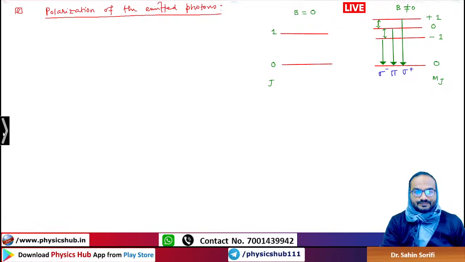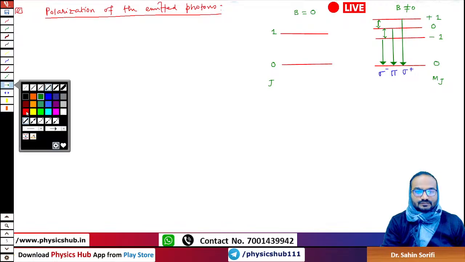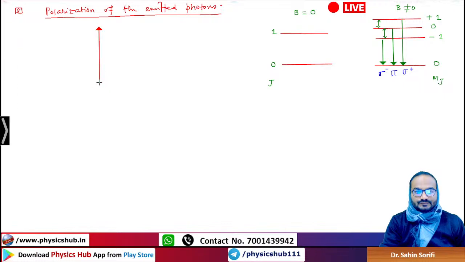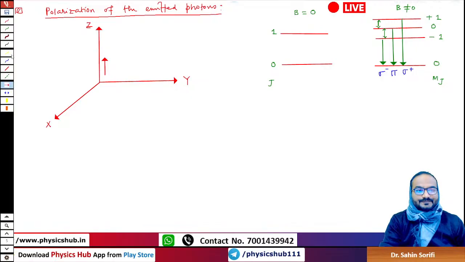Let's say this is the z direction, this is y, and this is x. X, y, and z. Your magnetic field has been applied along this direction, z cap direction.